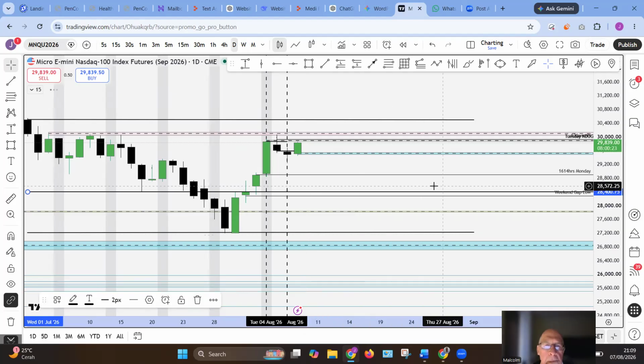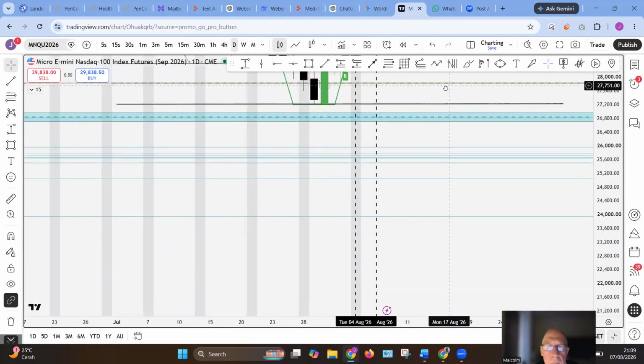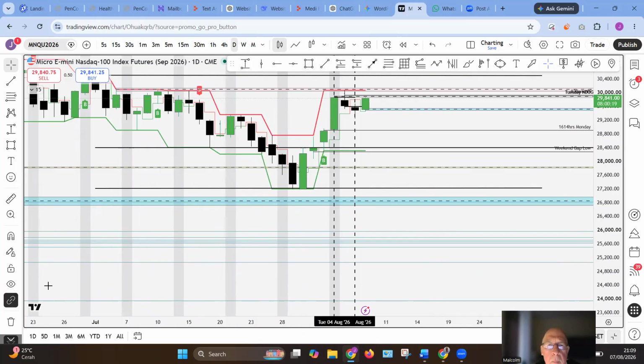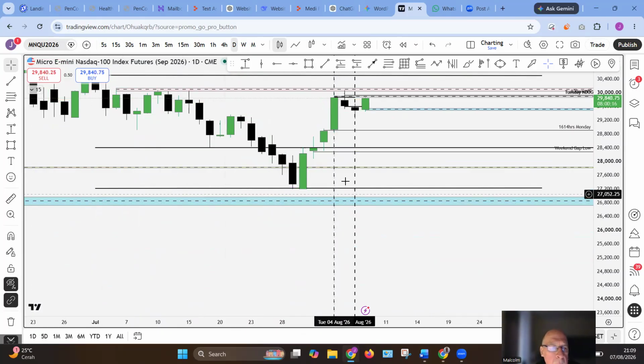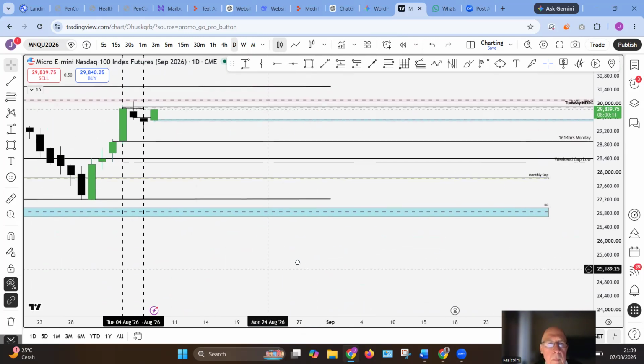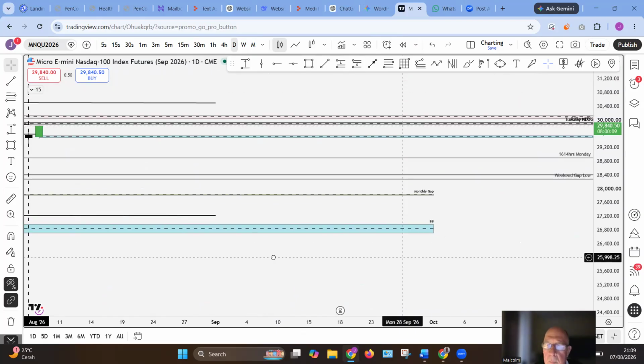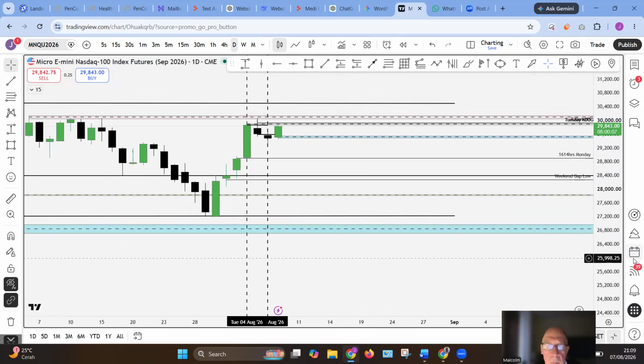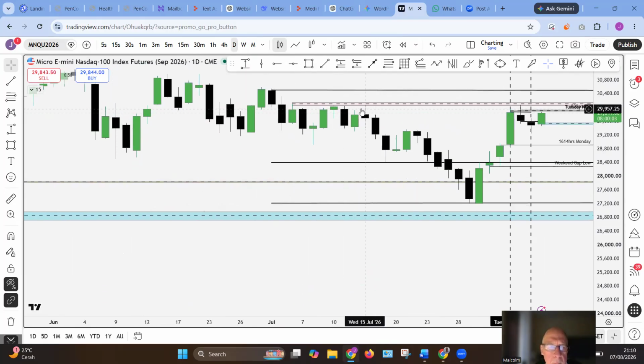I've got too many indicators on, I want to remove them. I can't even find it now, actually. I've a funny feeling it's this here, but never mind. Let's just check. Let's go back up.